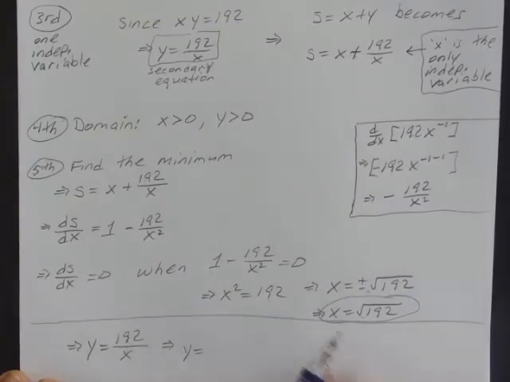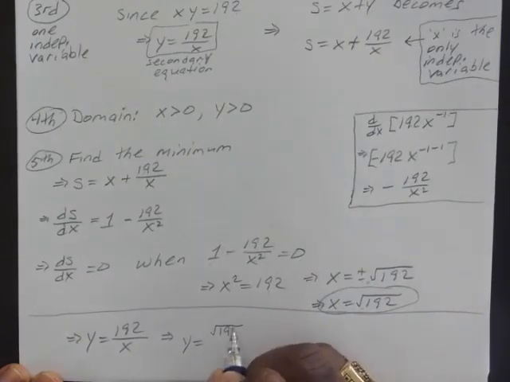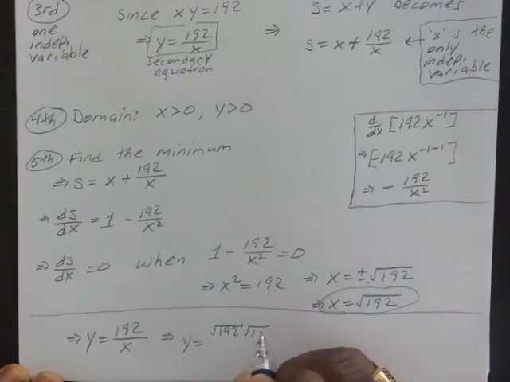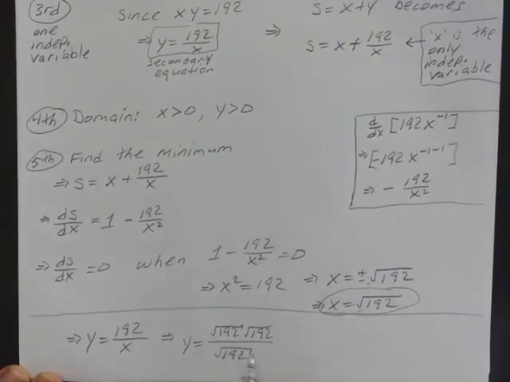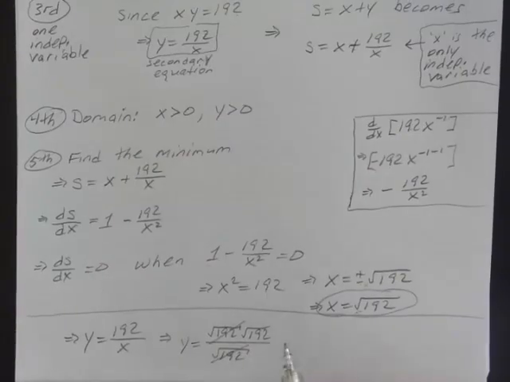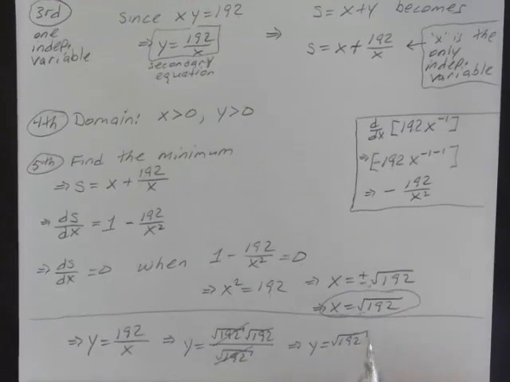And that 192, we're just going to rewrite as the square root of 192 squared, times the square root of 192. So if you multiply those two together, you just get 192. Okay, so these two cancel each other out. So we see that y is equal to the square root of 192.